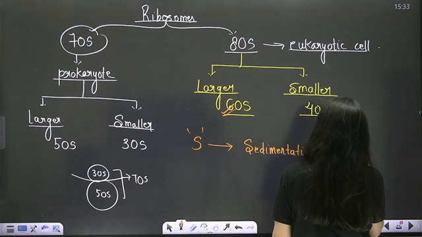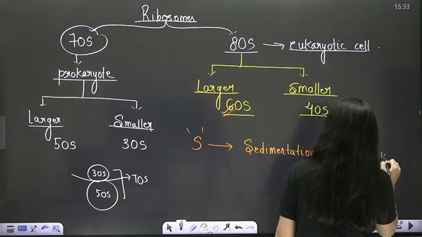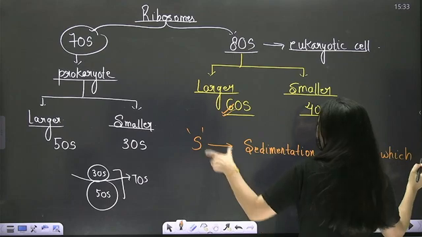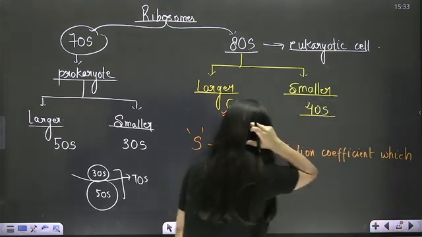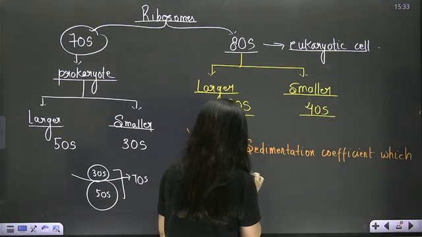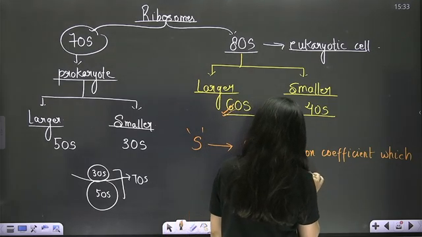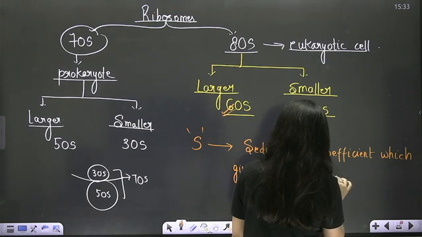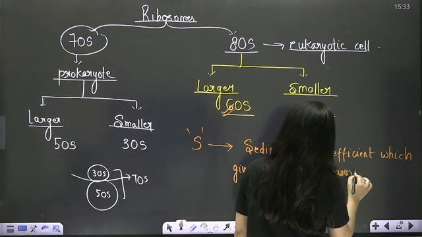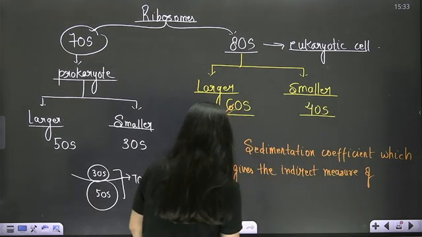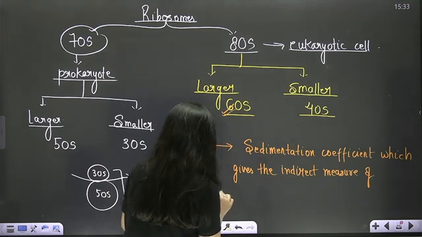Sedimentation coefficient gives the indirect measure of ribosomal units' density and sizes.